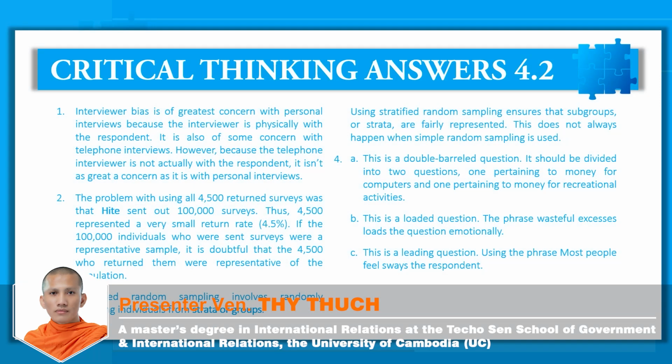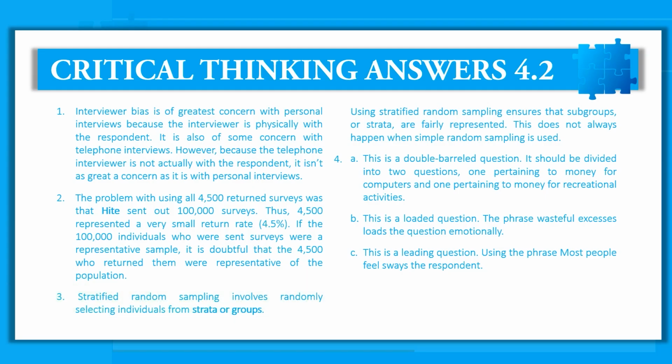The answer is that, allow me to read to you, and you can read at the same time with me as well. 1. Interviewer bias is of greatest concern with personal interviews because the interviewer is physically with the respondent. It is also of some concern with telephone interviews.